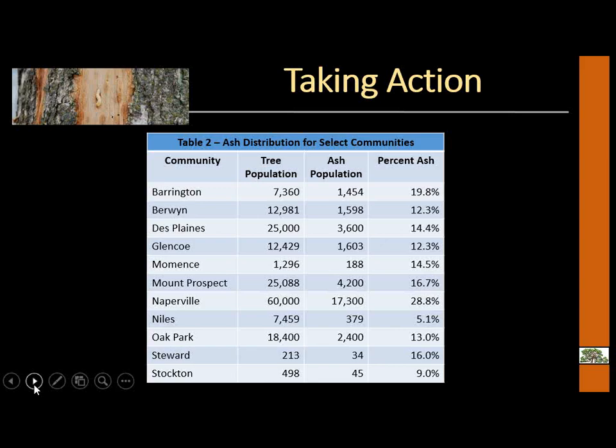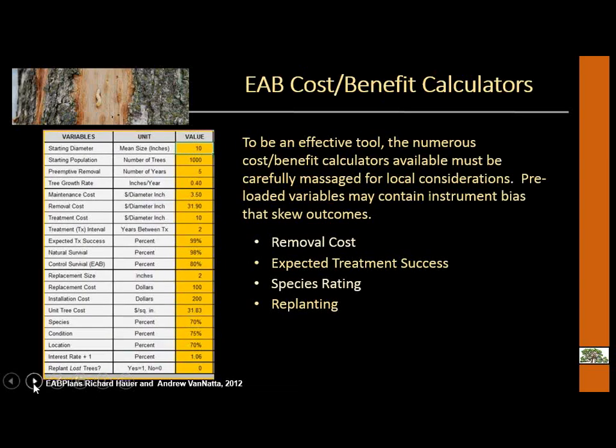I started in urban forestry at the declining side of the losses of American elm in the early 80s. I work in Oak Park a lot, and while it's a headache dealing with these 2,400 ash trees in Oak Park, I can't even imagine what it would have been like to deal with 16,500 American elms. So the infestation is less than what we've had to deal with in the past.